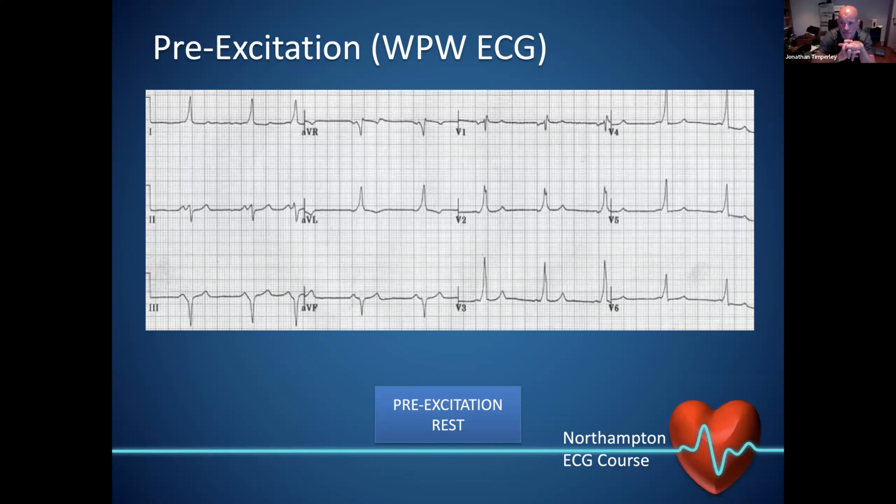Any other questions? Well, what about, I know a lot of EP consultants don't believe in its existence, I think I might have asked you this before, about Lown-Ganong-Levine syndrome, like an accessory pathway in the AV node itself, which is quite particular. Yeah, it is. That's actually related to an association with deafness.